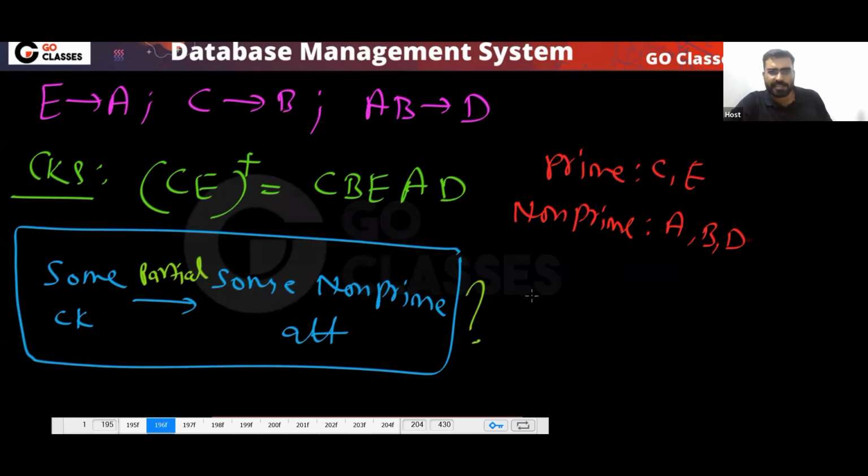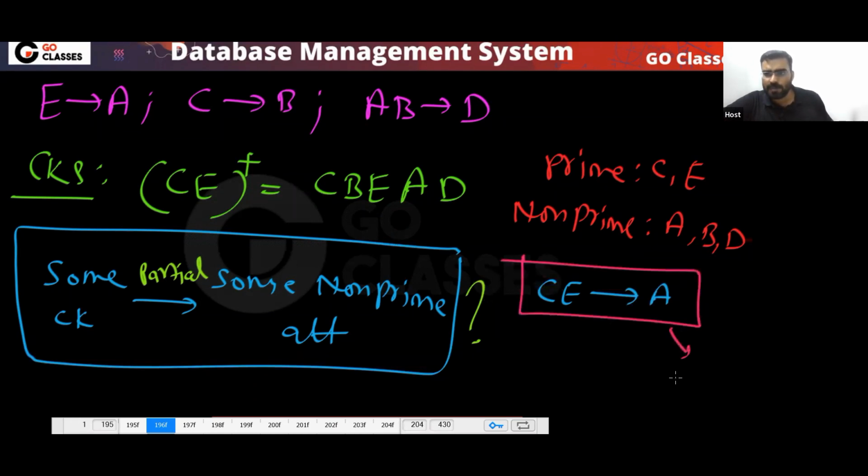Let's check. Remember CE. Can CE determine A? Is this partial? Yes, this is partial, right? So this is a partial dependency.